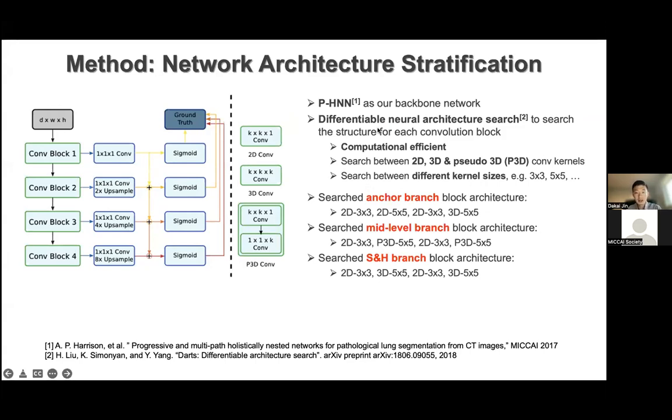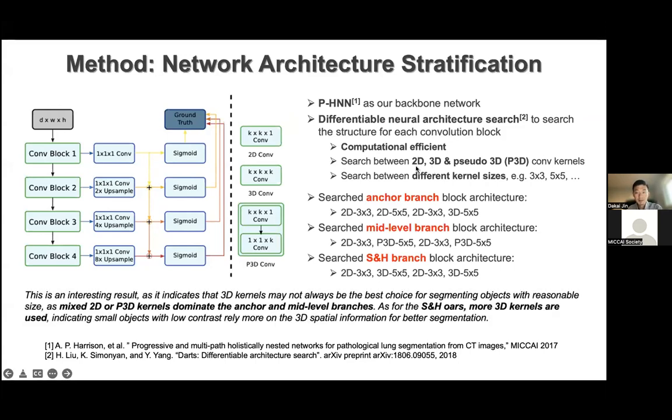So they conducted a neural architecture search for each organ group to provide optimal performance for each group. They searched between the 2D, 3D, and pseudo 3D convolutional kernels with different kernel sizes, 3 by 3 by 3 or 5 by 5, and these are the searched convolutional block architectures.